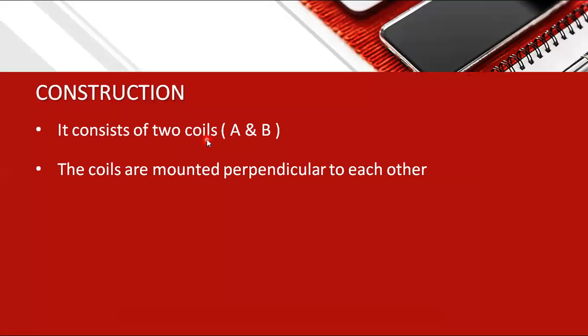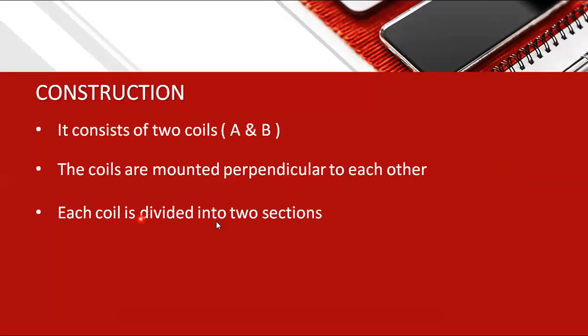We'll see it again. So it consists of two coils A and B. The coils are mounted perpendicular to each other. So we can see that the coils are mounted perpendicular to each other. The conductors of coil A are vertical, conductors of coil B are horizontal, which means both are mounted perpendicular to each other.